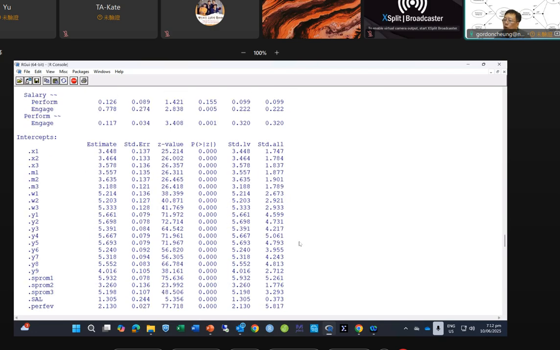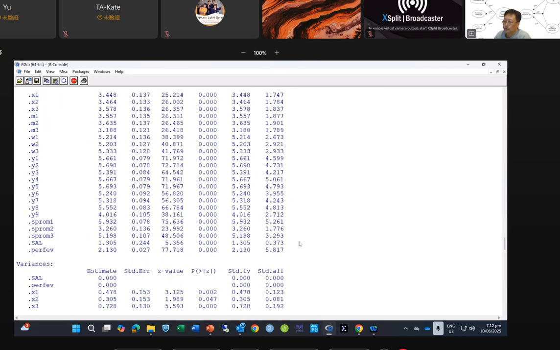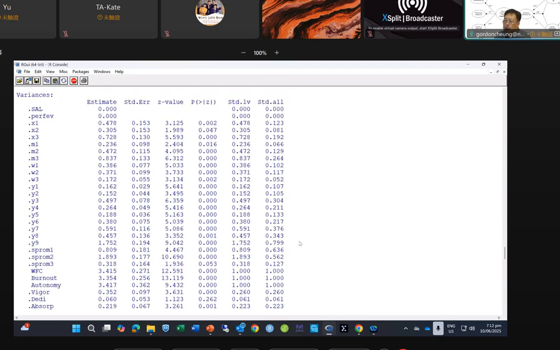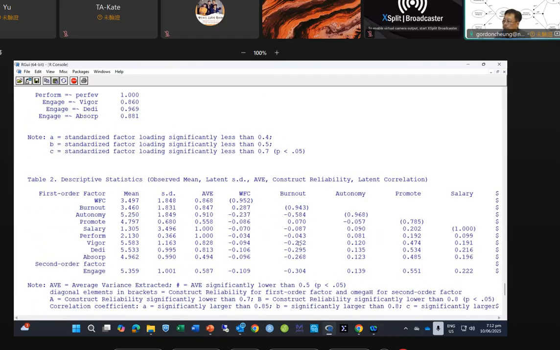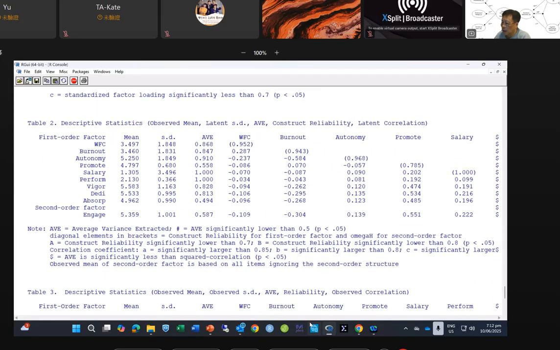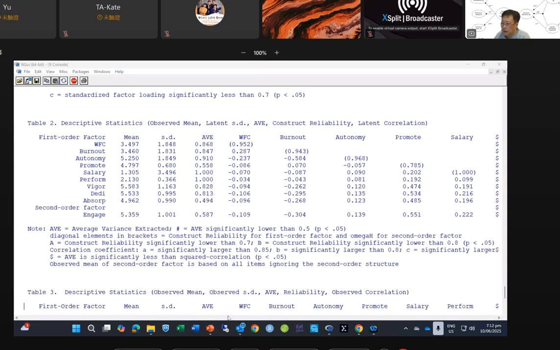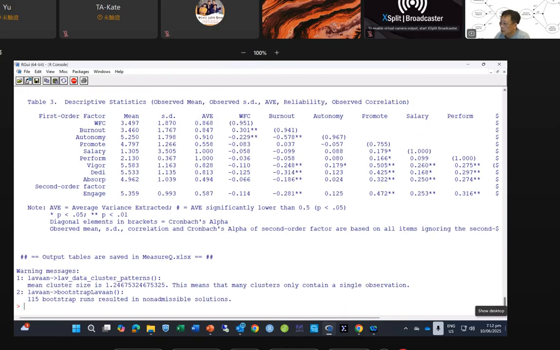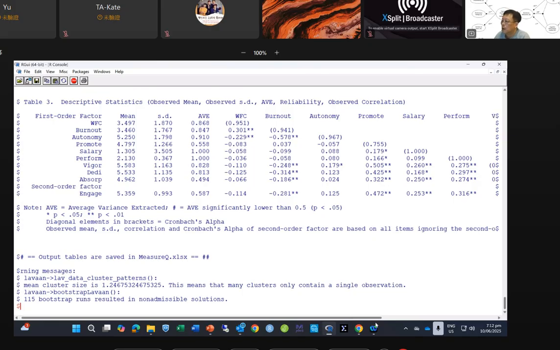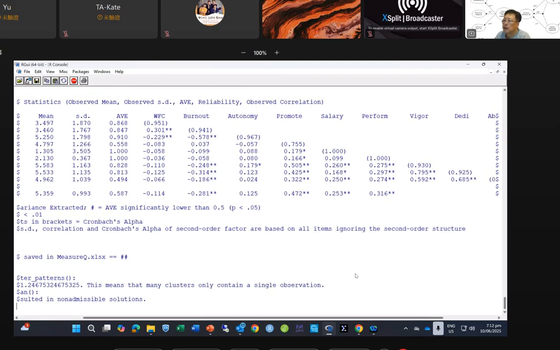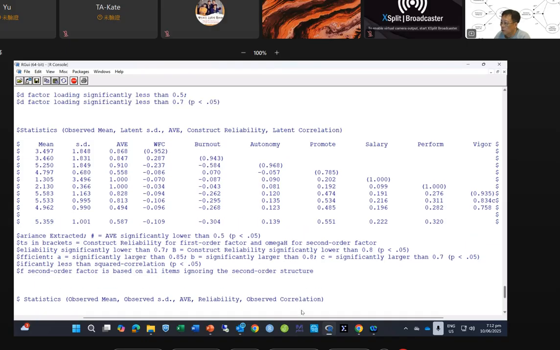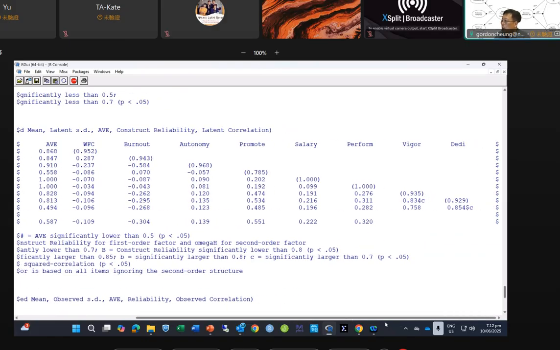After we have read the fit indices, we'll go to Table 2. Oops, why do I always hit the wrong button? Table 2 here. First, we will look at the reliability.